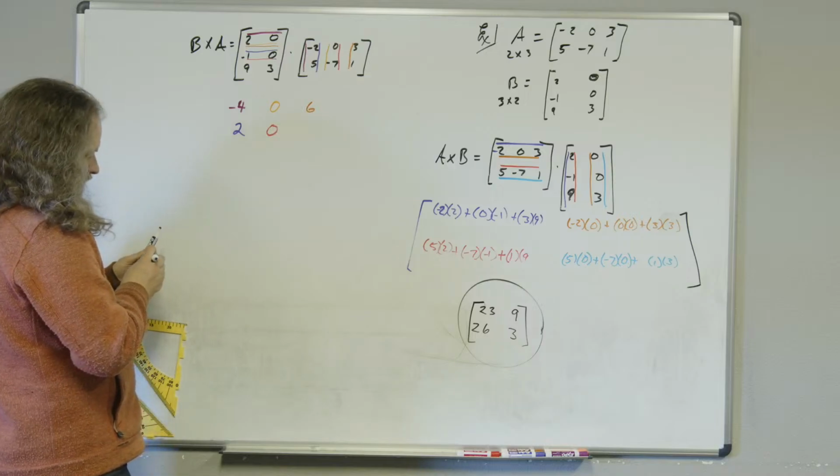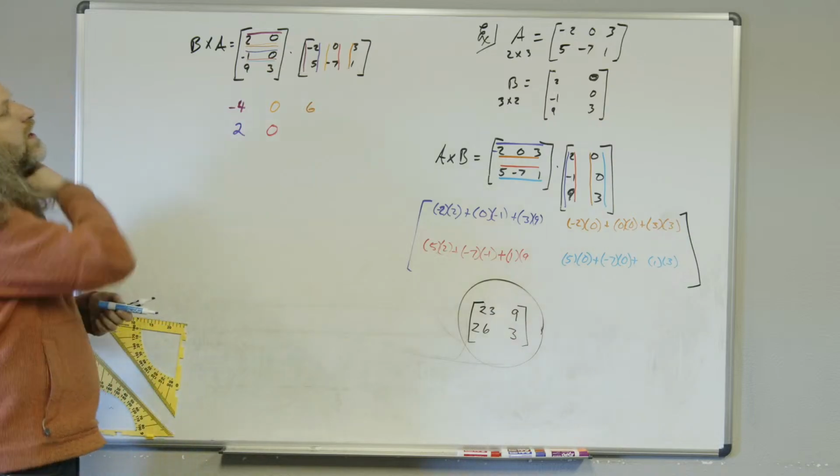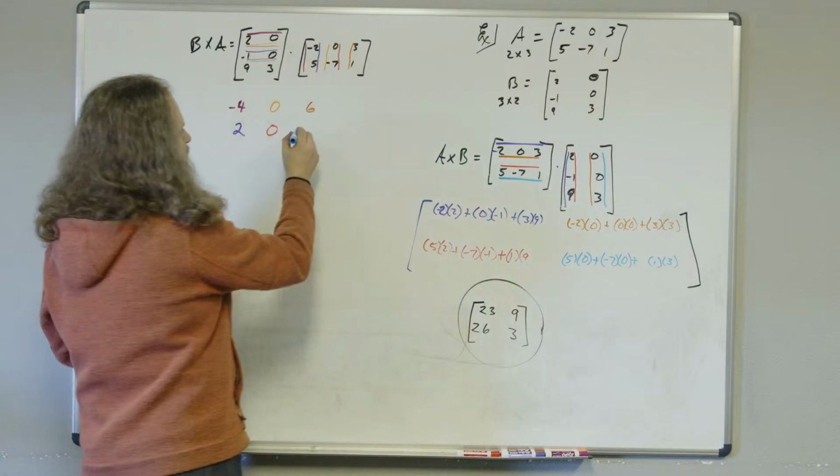And then the last one in that row would be -1 times 3, which is -3 plus 0 is still -3.